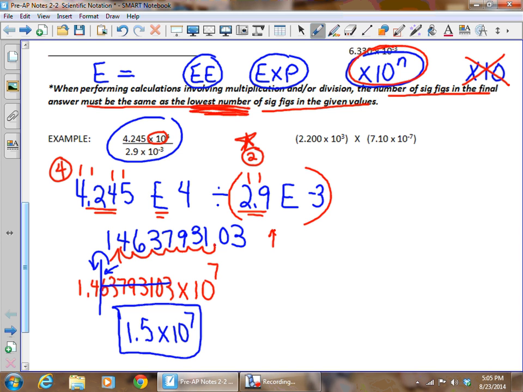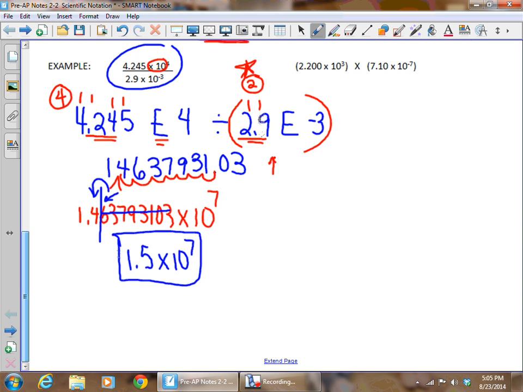Okay, our next example says that we are going to be putting this calculation in our calculator. So let's follow along while we do that. We're going to be putting in 2.200. The times 10, remember, is taken up by whatever your exponent button is, then 3. Then you push the multiplication button.